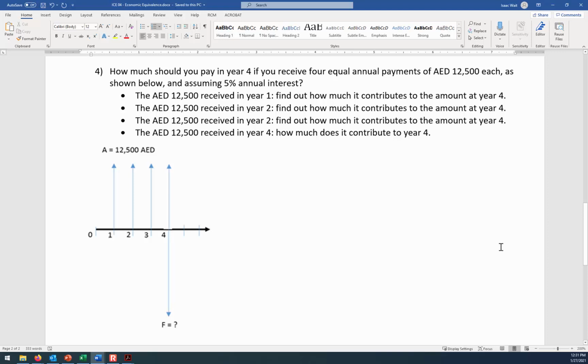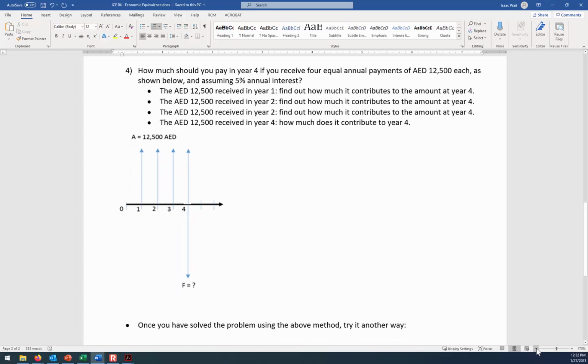Problem 4 is about moving the money from year to year. What you're going to need to do in problem 4 is take this amount here in year 1, 12,500 equal amounts, and move it all to year 4.